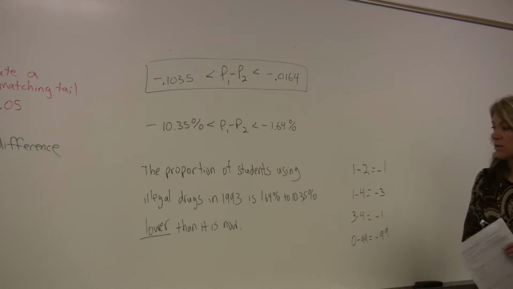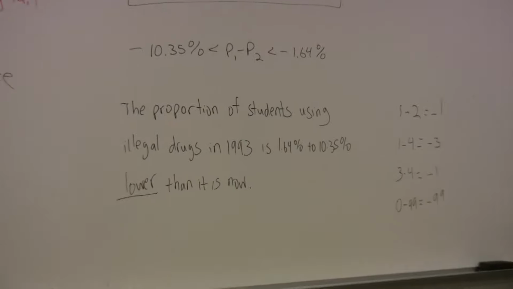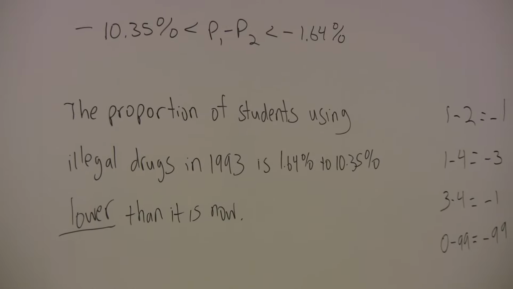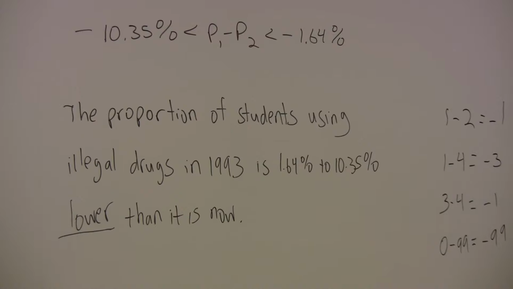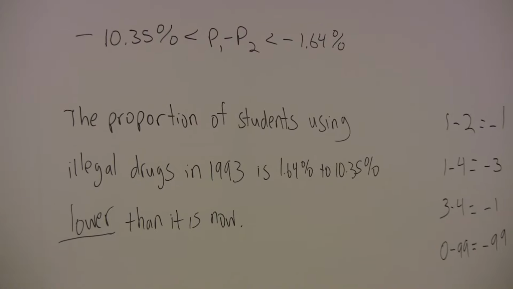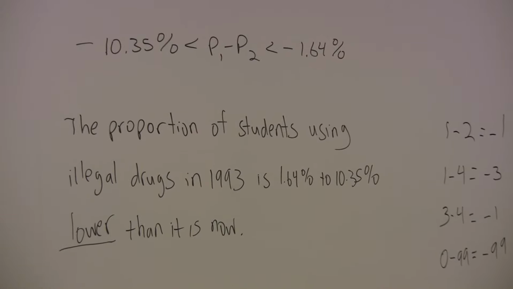Let me move out of the way and make sure you can read that. Would that be like a step one? That would kind of be our step 5, interpreting it.